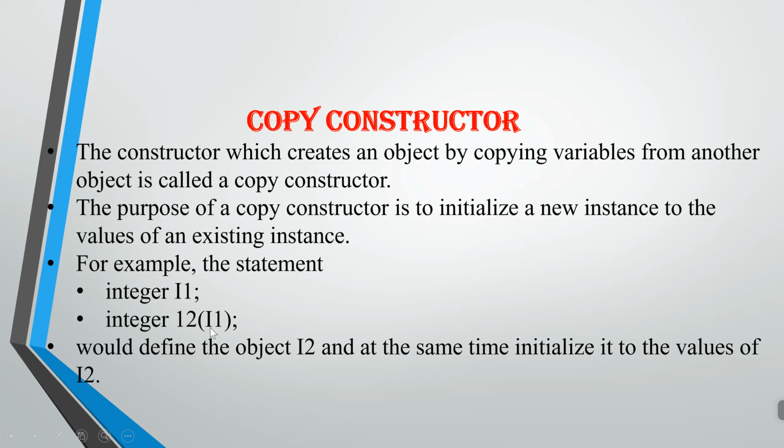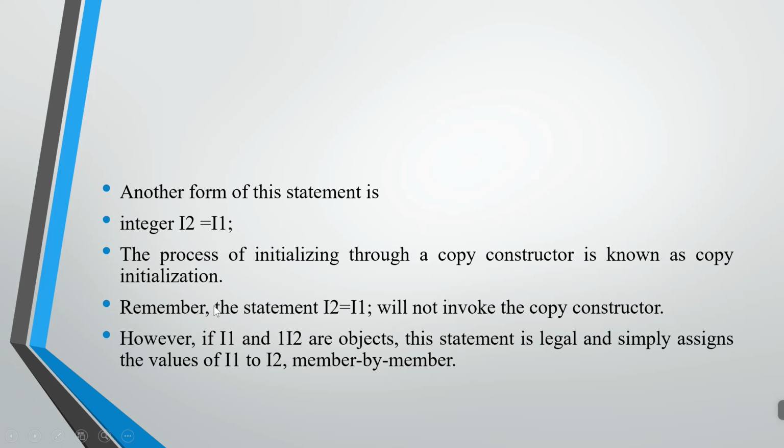Here I1 is an object, so I2 is sharing the data from I1. That's why this is called a copy constructor. Another method is to write integer I2 = I1 explicitly. The process of initializing through a copy constructor is known as copy initialization.